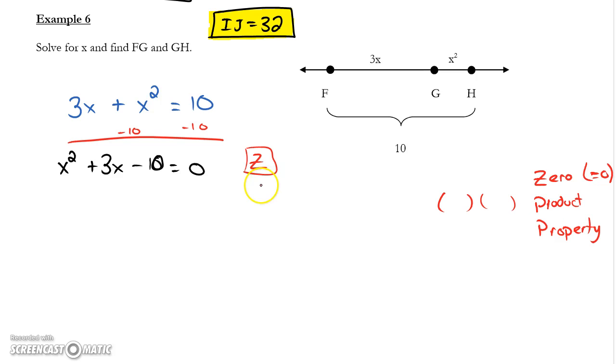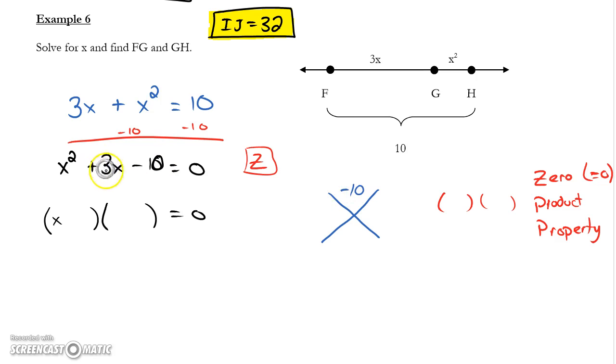Once that's done, I can now try to find my product. When I'm finding my product, that's when I am writing this as x with something times x with something else equals 0. This is what we discussed in class during our review. I'm going to take my constant term, in this case it's a negative 10, and put that on top.